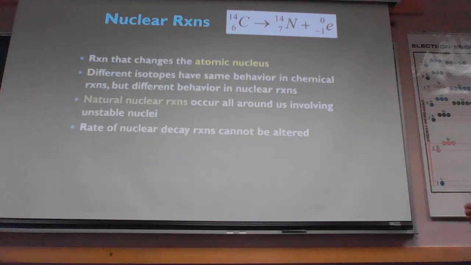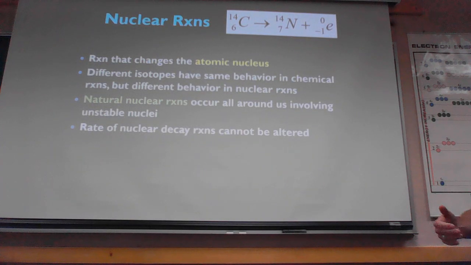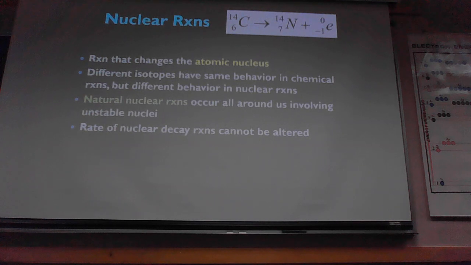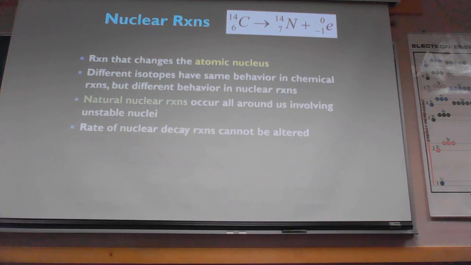What that means is half of the carbon-14 in a sample will react and turn into nitrogen in 5,730 years. It doesn't matter whether the carbon is in the form of CO2, or carbon in a diamond, or carbon in glucose.